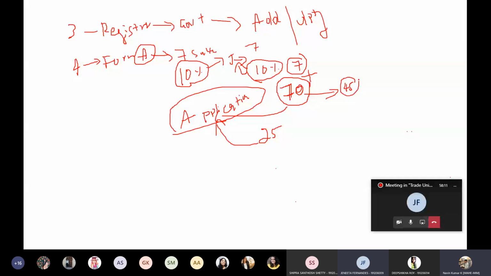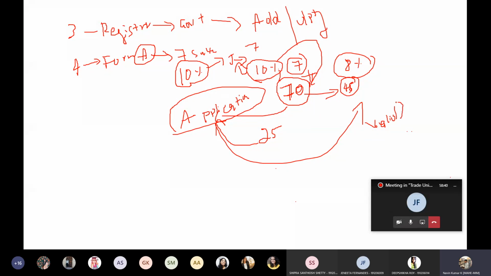Reduced to 45. You had satisfied the 10% earlier, but now there is no 10%, there is just 8%. Whether this application is invalid, this particular section says it will not become invalid, it is still valid even if they withdraw in between.